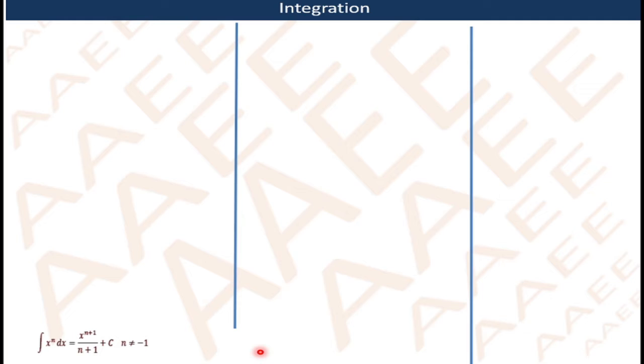To solve the sums, we need to revise some of the formulas to find the integration. So integration x raised to n dx is equal to x raised to n plus 1 upon n plus 1 plus c, where n is not equal to minus 1.